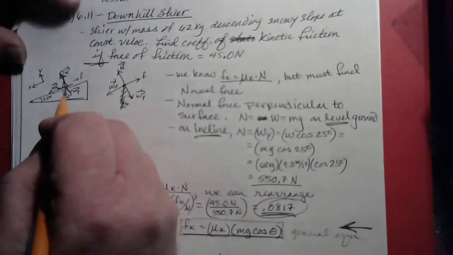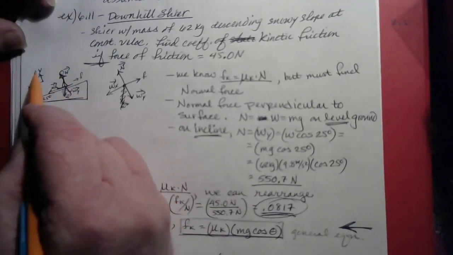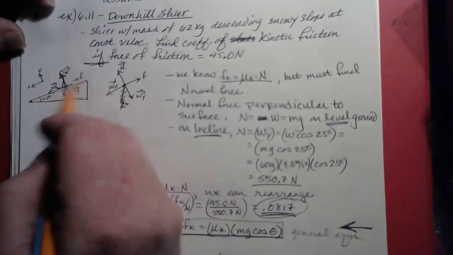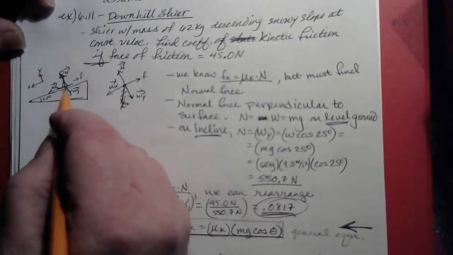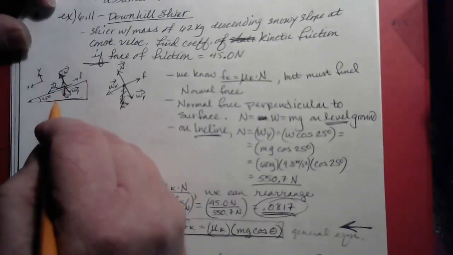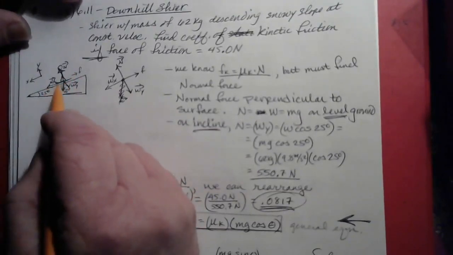And from the weight, we can find the X and Y components. We're going to use a system where the X-axis is parallel to the slope and the Y-axis is perpendicular to that.